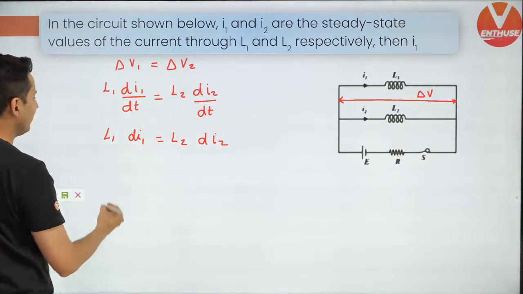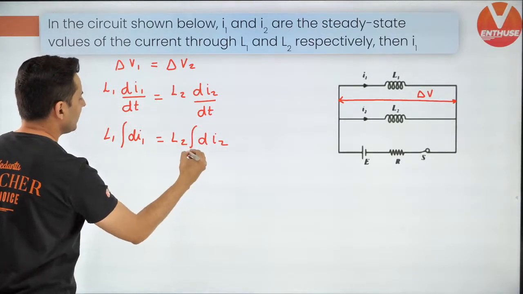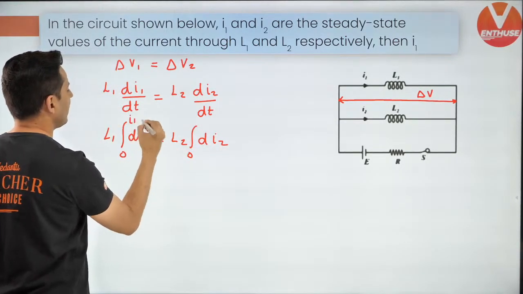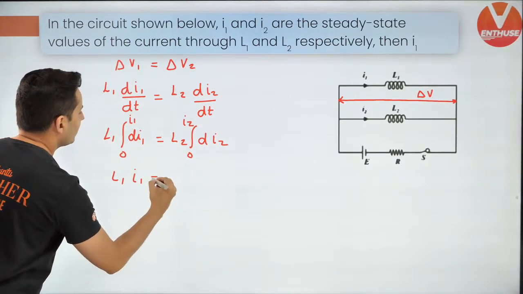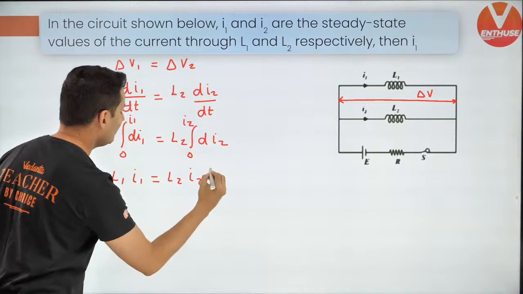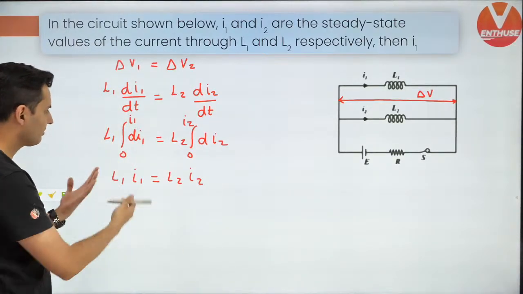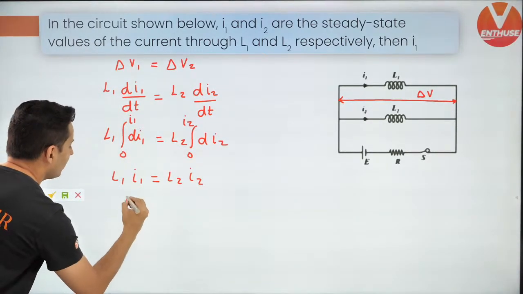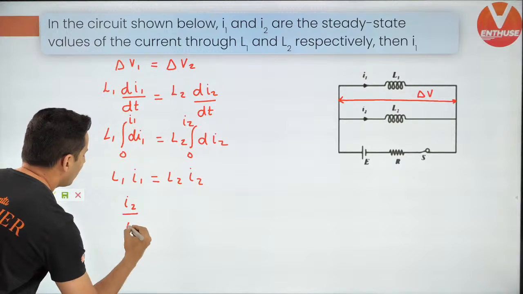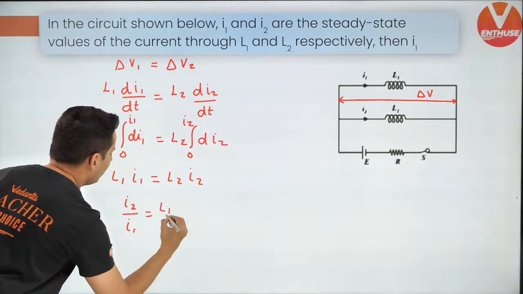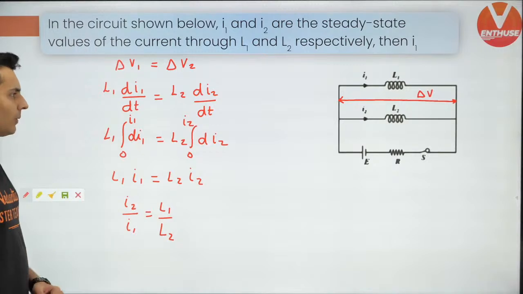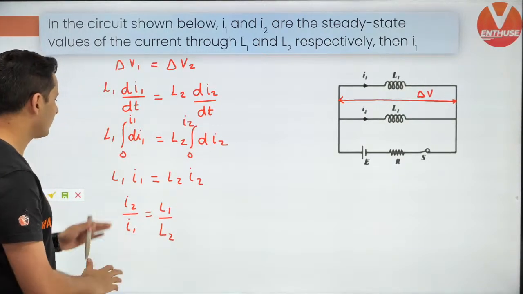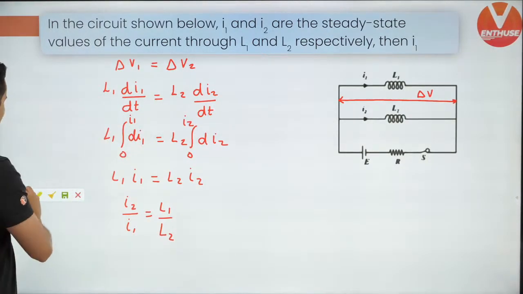Now I can integrate this on both sides from when current is 0 till the current is I1 and I2. Obviously I'm going to get L1 I1 is equal to L2 I2 after integration. That's very simple to see, and therefore I2 by I1 will be L1 by L2. That's what I get. Now if you have understood this proper method, let's go ahead.